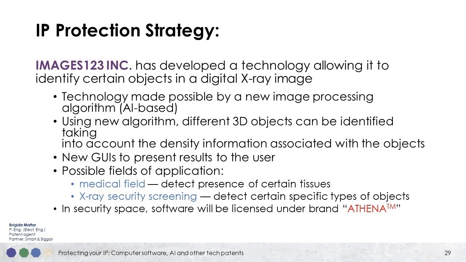They've also developed new GUIs that facilitate the operations of the tools, and they have adopted a brand called Athena trademarks for their security application. So this is the context that Images 123 has. And so how do they go about protecting their software innovation?